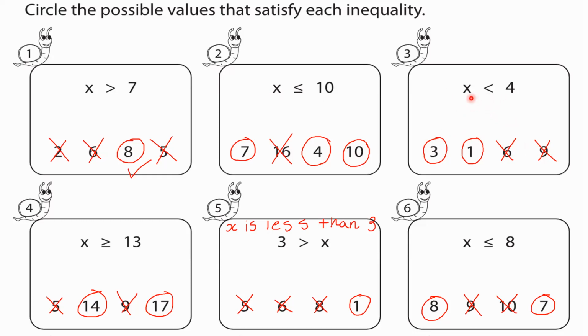What numbers are less than 4 from this group? 3 and 1. How about 6? Why didn't we choose 6? Because it's greater than it. And why didn't we choose 9? Because it's greater. Very good. You understand where we're coming from now? Yes, sir. Good. Make sure to write this down for me, please.